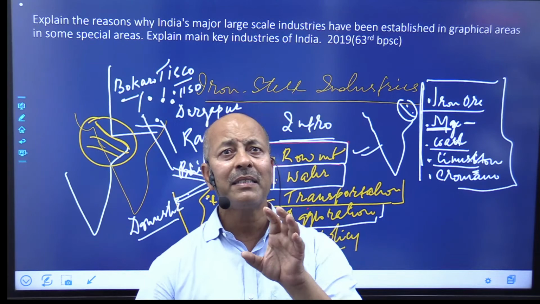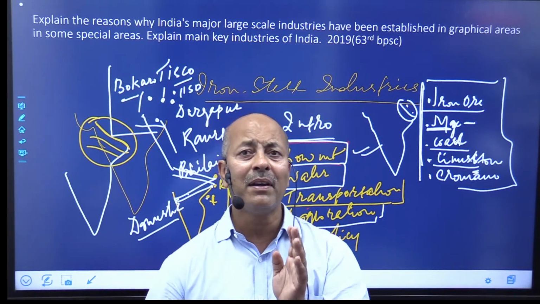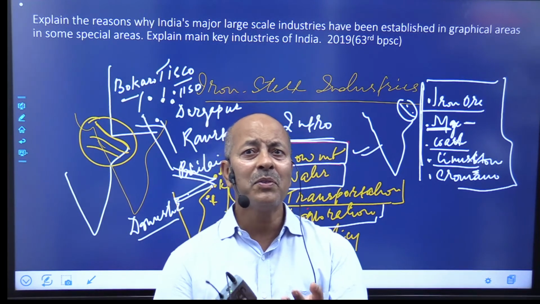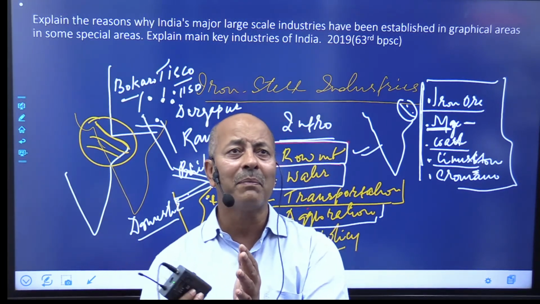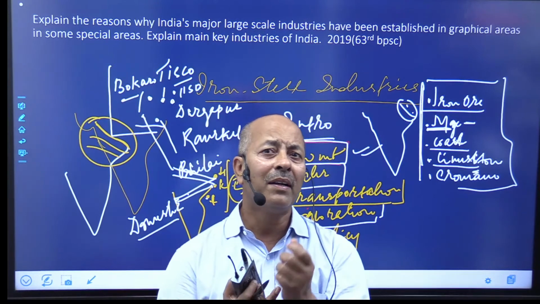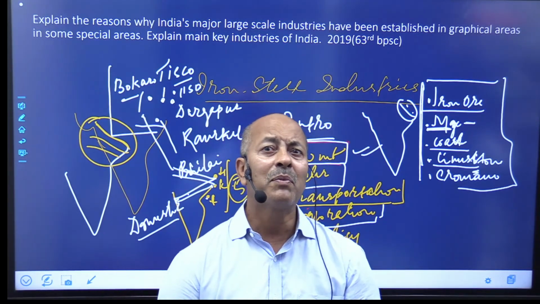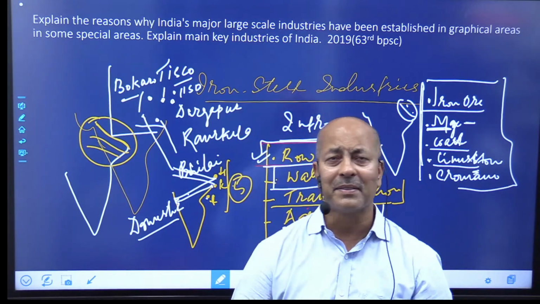TISCO was established in that area, and at the same time Bokaro was established there. It was also useful for other industries to come up. So agglomeration means the benefit of infrastructure provided by the first industry in that area.